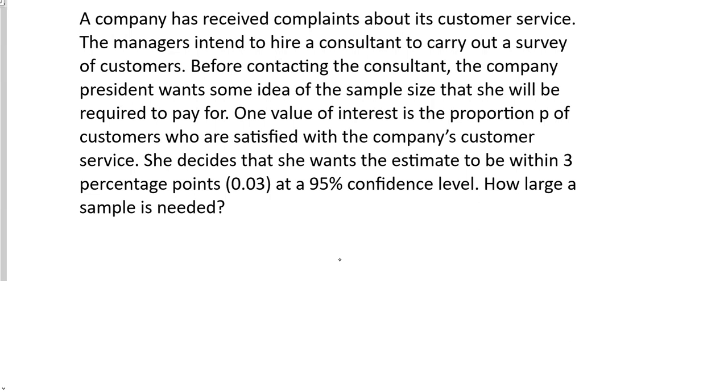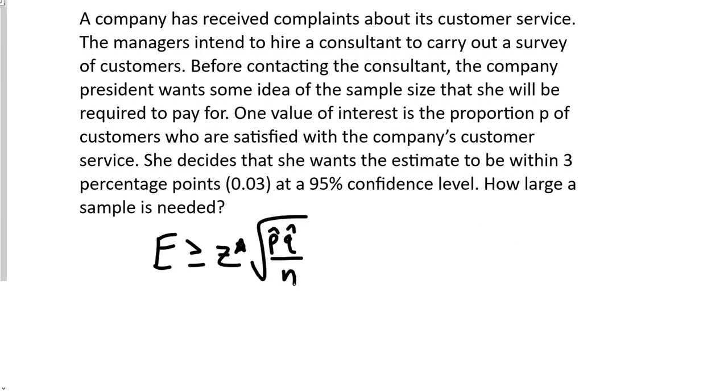So for this one, we're going to use that formula. E needs to be greater than or equal to Z star times the square root of p hat q hat divided by n. And for this particular one, we don't know the p hat. We don't know a proportion of this from a sample.